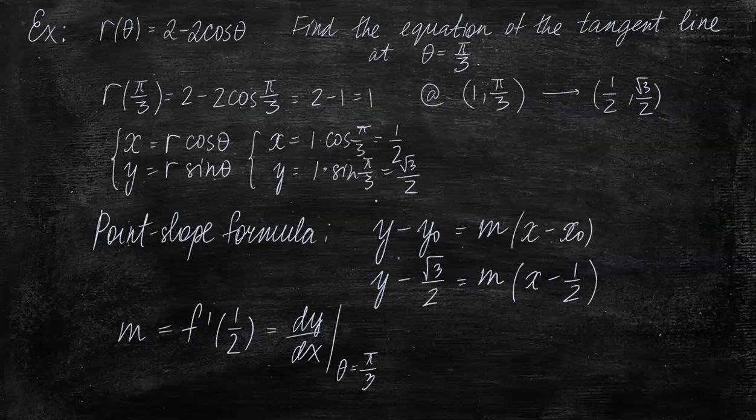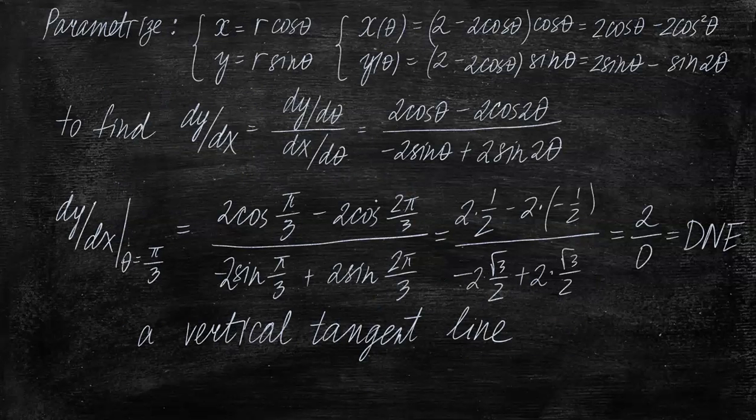So I guess this point slope formula isn't going to work because m is undefined, but undefined just means that x is equal to 1/2. That's what that means. So the equation of the vertical line here is x equals 1/2.